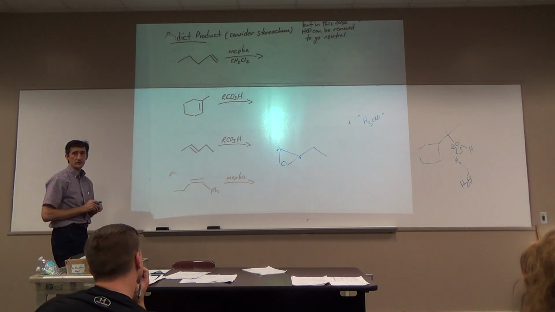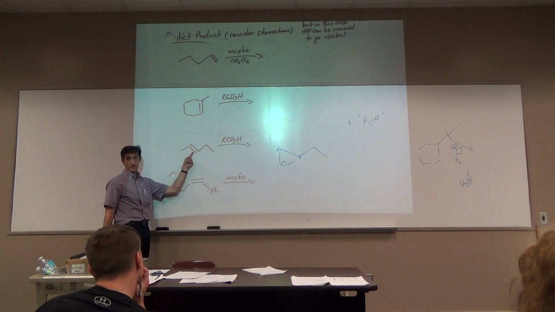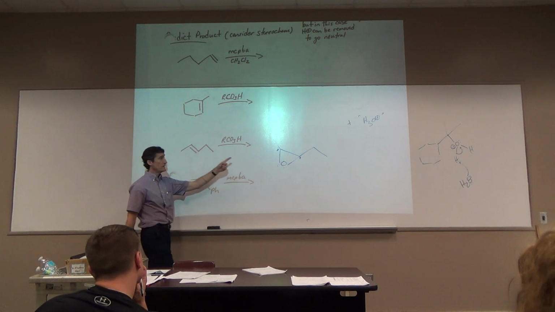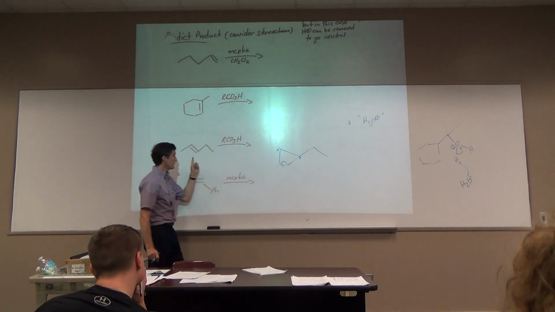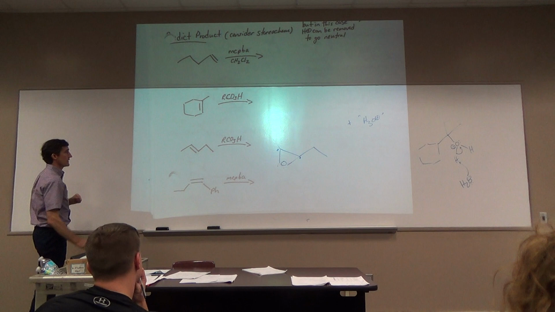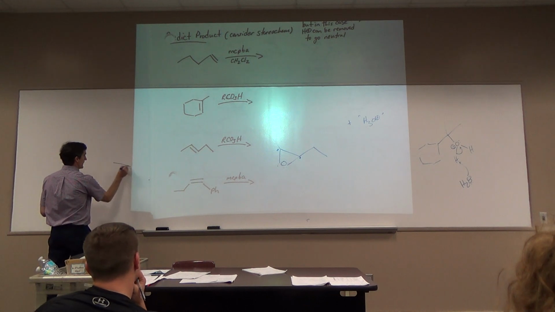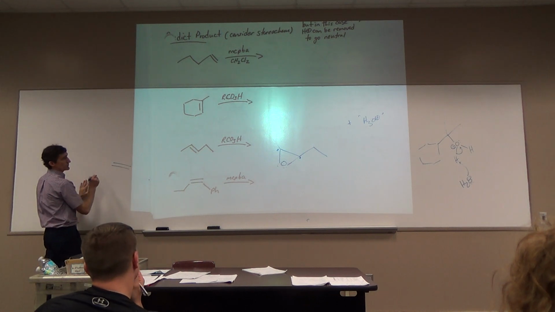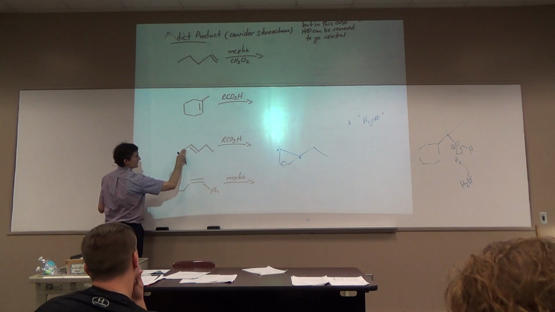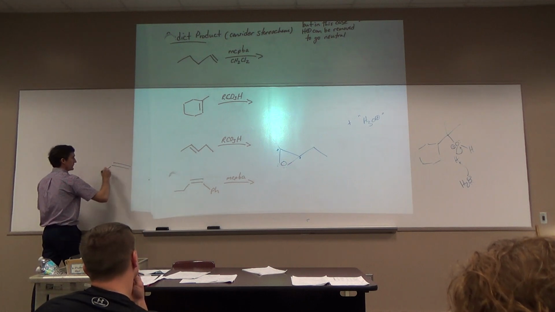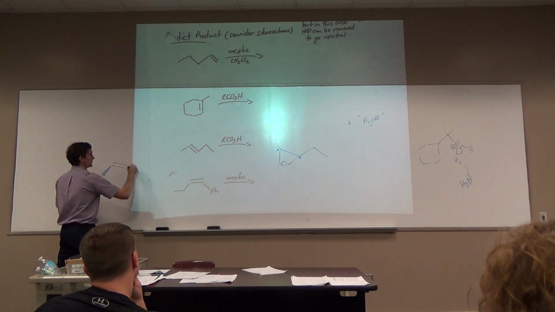Okay, here's how I would do it. This is one of those where I would rotate this. Our product has 2 chiral carbons. Before we do anything, let's draw it like this, this is trans, right? We can draw the methyl coming forward and the ethyl going like this.